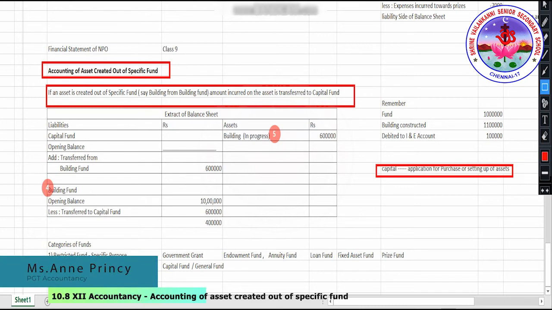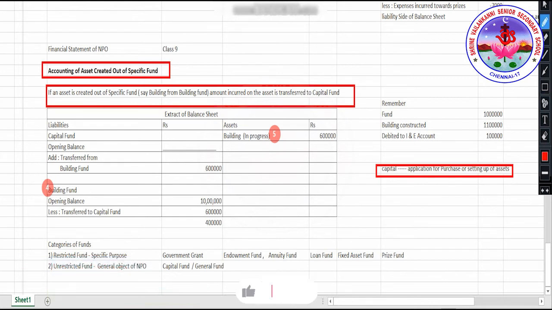Now, there's one more thing that I want you to remember always. Say for example, building fund is 10 lakhs. This is an illustration, just pay attention. Building constructed may not always be within this 10 lakhs. It can be more amount also.